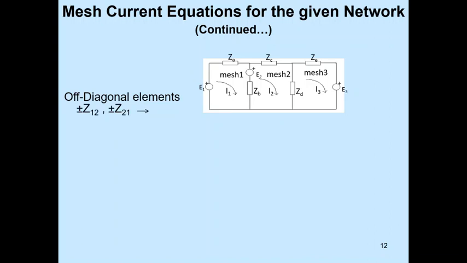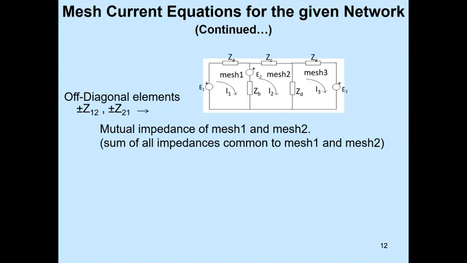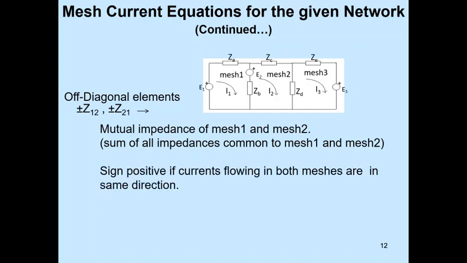See here, Z12 and Z21 are the transfer or mutual impedance of mesh 1 and mesh 2. The sign of these two impedances depends upon whether the currents flowing in both meshes are in the same direction. If I1 and I2 are in the same direction in that branch, then the sign is positive.